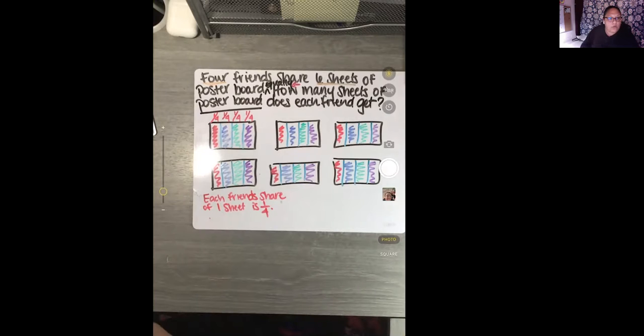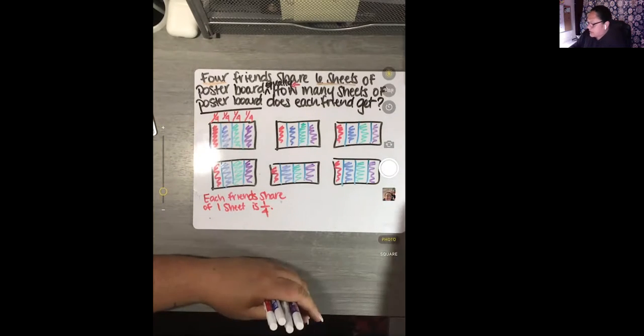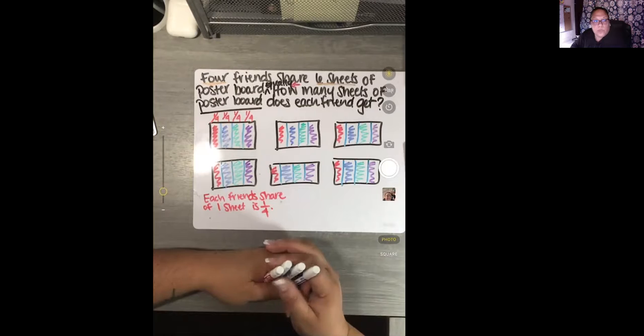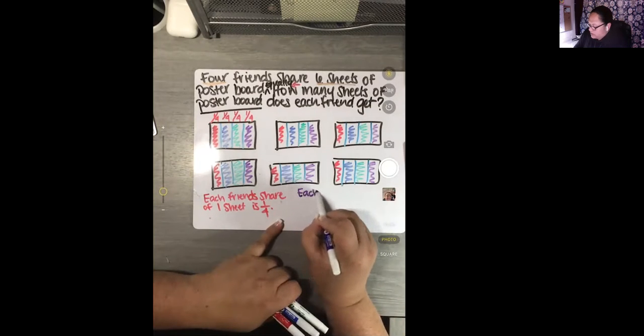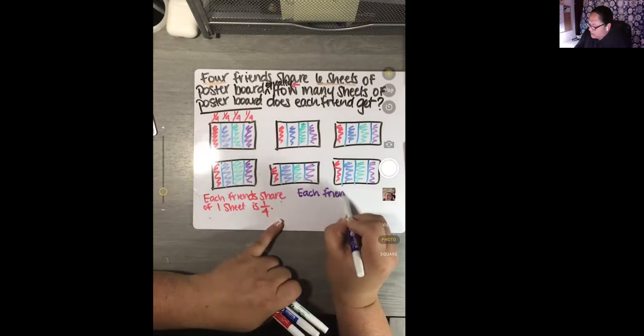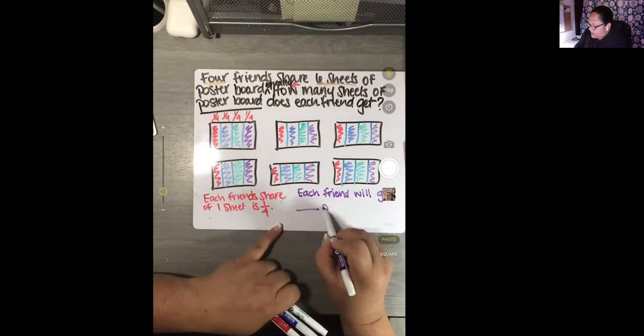How many fourths does each friend get? Since there are 6 sheets of poster board, each friend will get how many pieces?